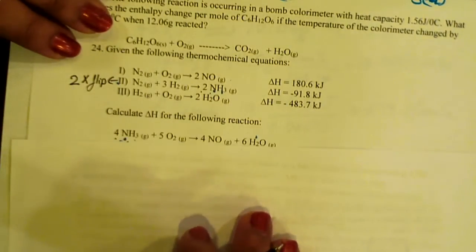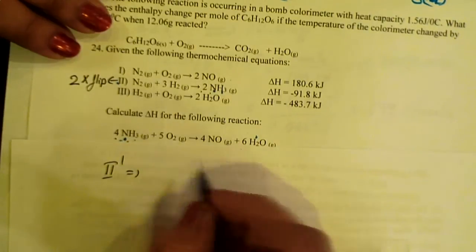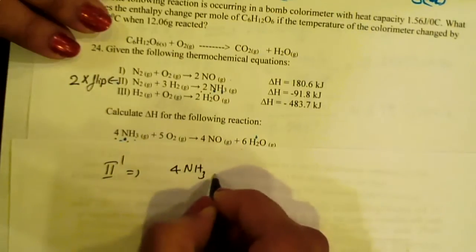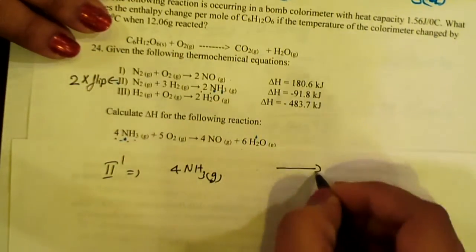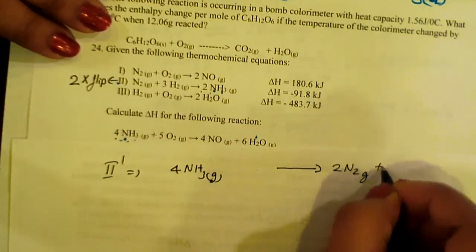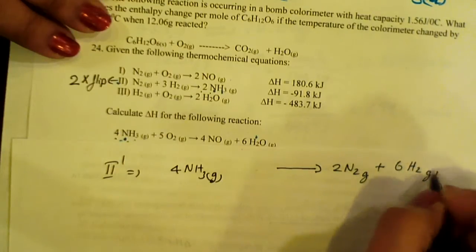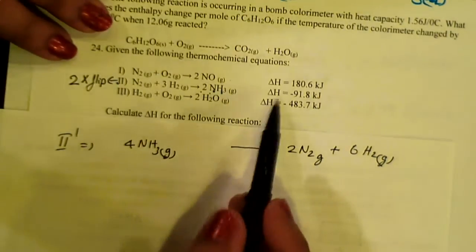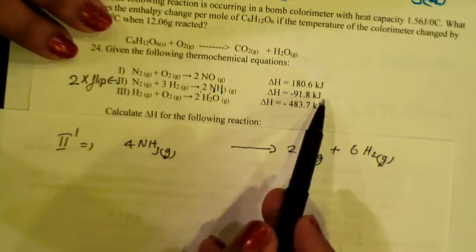And in the desired equation you need 4 moles of NH3, but here it is 2 moles of NH3, so you have to multiply the entire equation by 2, not just ammonia. So the new second equation will be: you flipped it and multiplied by 2.